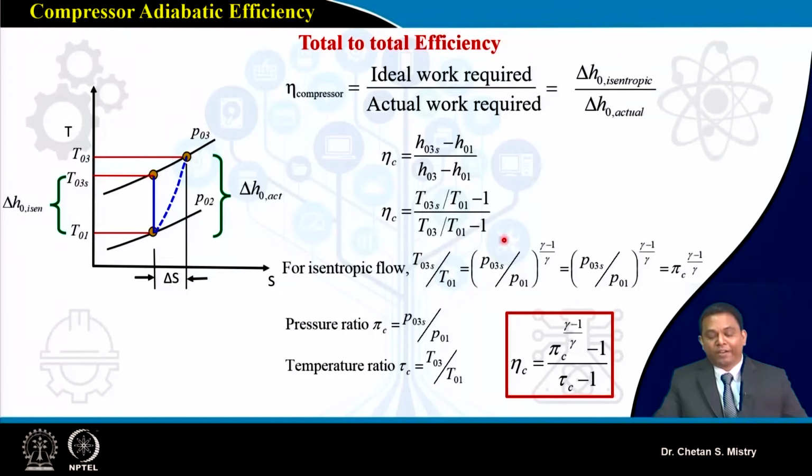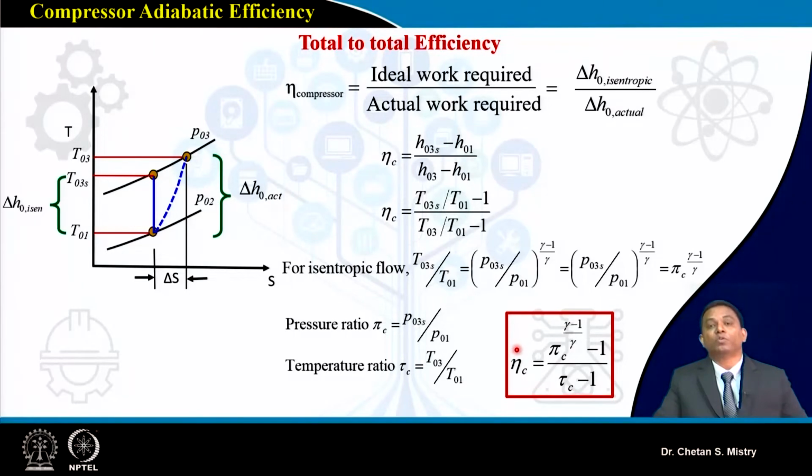That is what we can correlate using my pressure ratio. So this is P03s by P01, which is what I write as my pressure ratio. If I put this together, it gives my adiabatic efficiency.